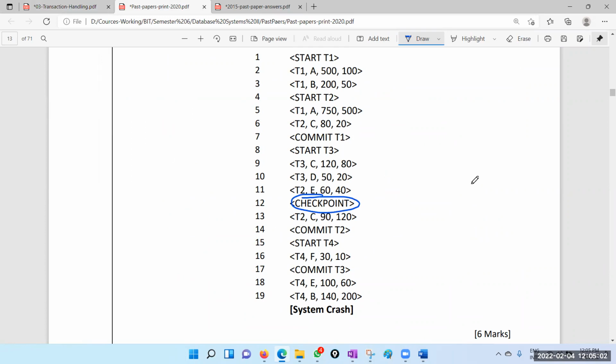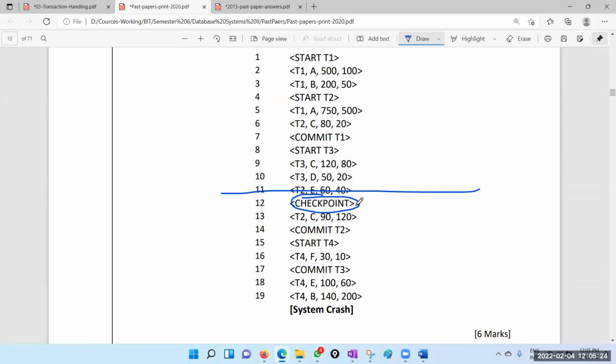So from time to time, if there's a checkpoint or save point, that entry will be there, saying there's a save point at that point. That is where you stop everything, flush the data, and then resume the transactions.